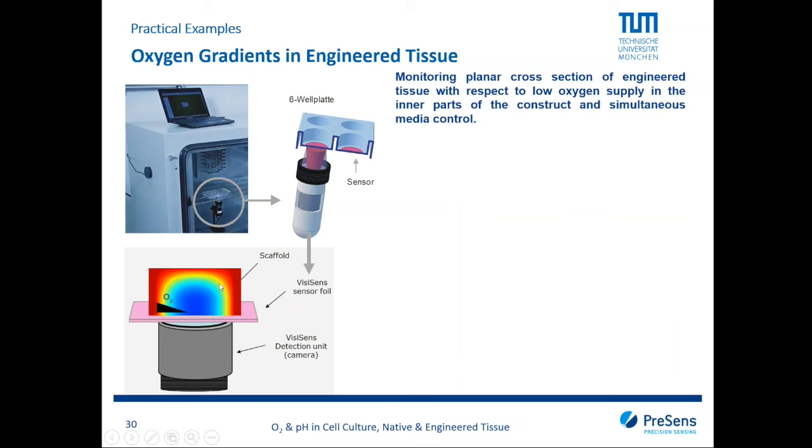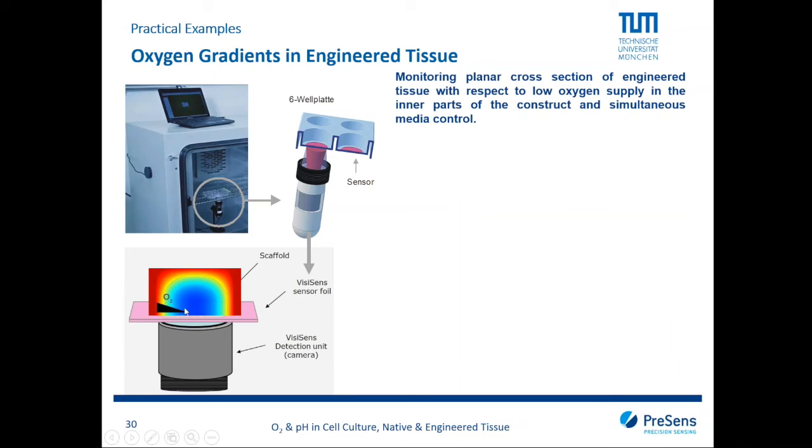The cells consume the oxygen, and there's a balance between the oxygen consumption and the diffusion of oxygen from the media towards the inner parts of the scaffold. So what you get is this hypoxic core in the inner part. But what you can also see is that you have these oxygen gradients over the walls of the scaffold. You can see also that you have these oxygen gradients from the top side, but also from the media accessible sides of the scaffold.